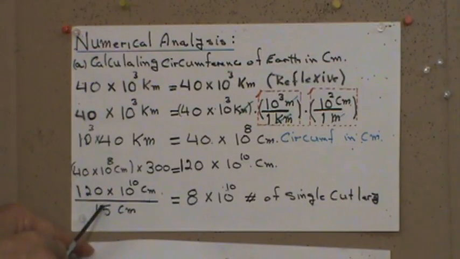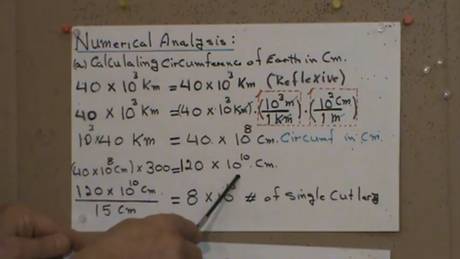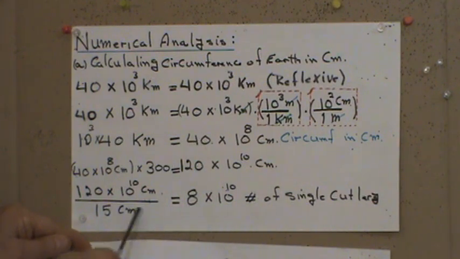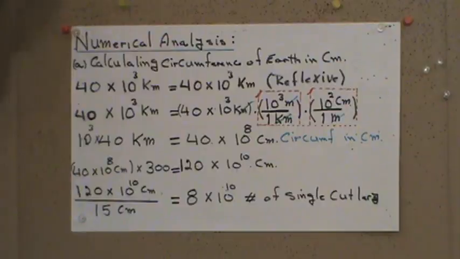You follow me? Because each of the spoons or fork or knife is 15 centimeter, plastic, 15 centimeter long. Now look what happens, centimeter and centimeter cancel each other, so I'm left with a pure number. And that is the number of single utensils, divided by one of them, not three, because the problem indicates three of them. You follow me so far? So now I go to the next, if I may.